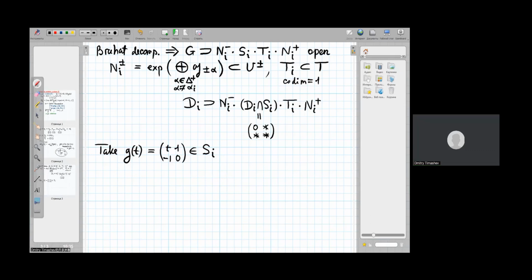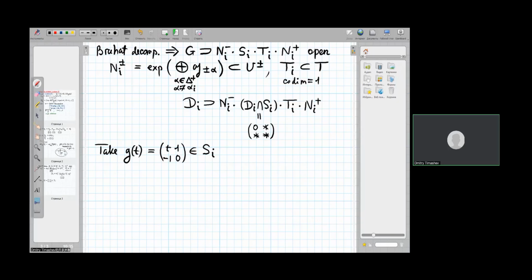This does not mean that the right-hand side is an open subset in Di, right? Of course, I claim this, but let me say that I do not prove this statement in detail, because I assume that it follows from the analysis of the Bruhat decomposition.